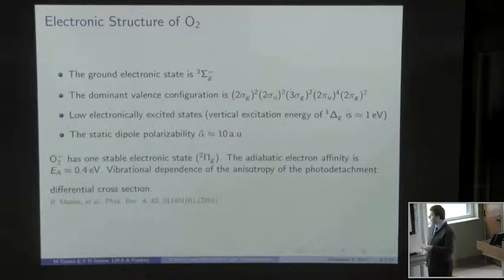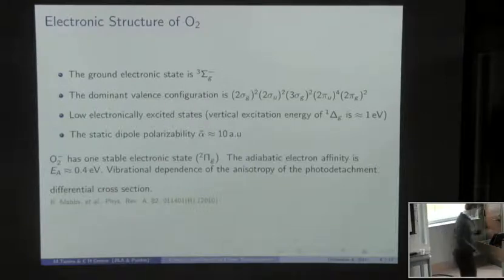In addition, that was actually the initial motivation of this research. In this work, Maps and his collaborators published the vibrational dependence of the anisotropy of the photodetachment cross section.